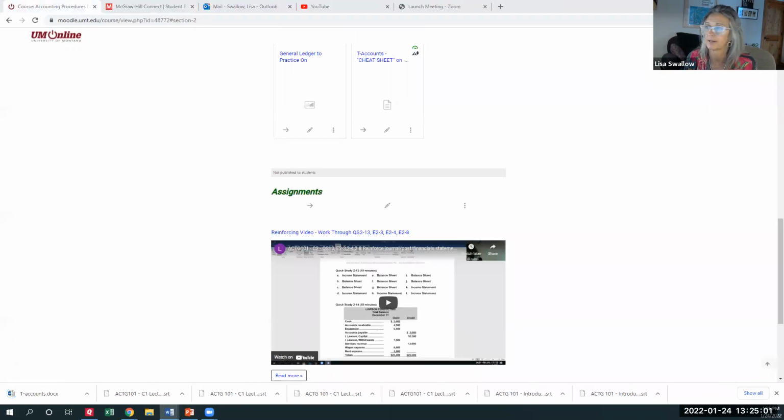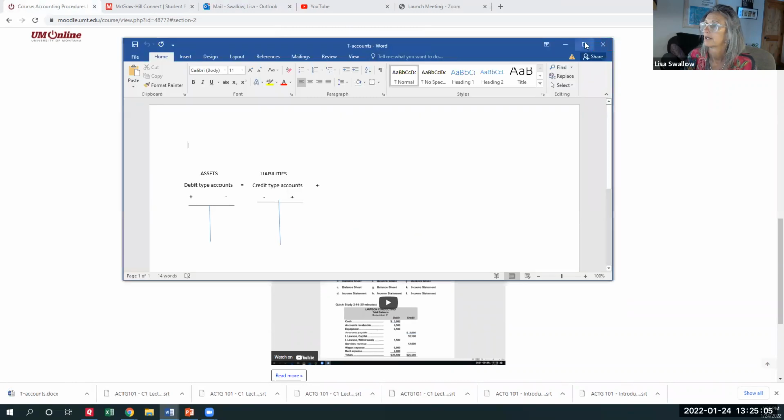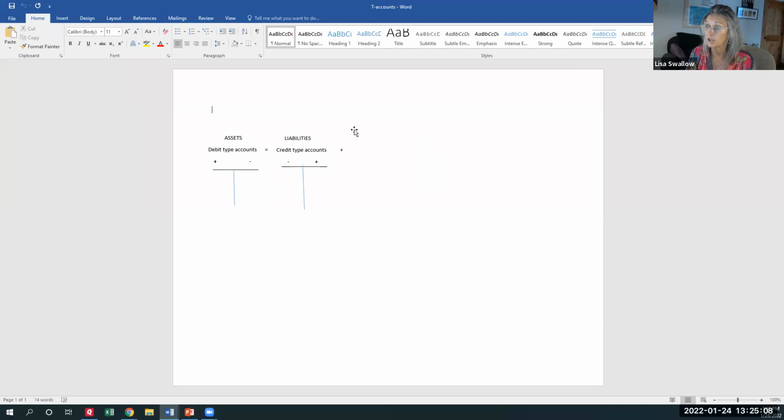These are the T accounts that are the cheat sheet that we're going to be using to help us remember what type of balance everything has. I've started this, you can see it, and I want you to actually draw this out yourself, because that's part of the process of really starting to understand this.